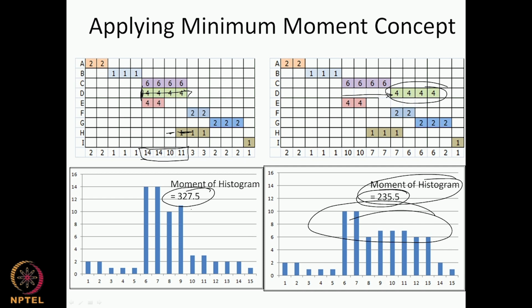I am just again repeating, the concept is to reduce the moment of the histogram in a systematic way, and once we get to the minimum moment, we say that is the best profile, or the profile closest to a rectangular profile which we would like to get.